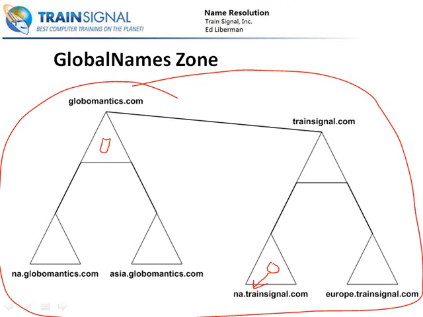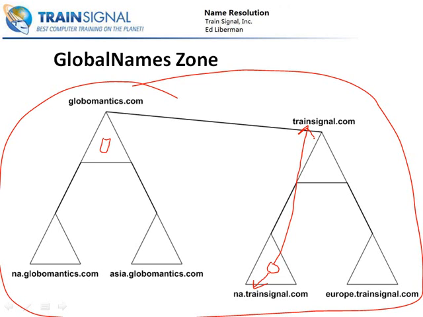Then it will be configured to look to the parent DNS namespace, which is trainsignal.com. So it's going to go ahead and append that to server 1 to get server1.trainsignal.com. Guess what? Again, no response because server 1 doesn't exist there. The client is now going to give a response saying there's no such server, you're out of luck.